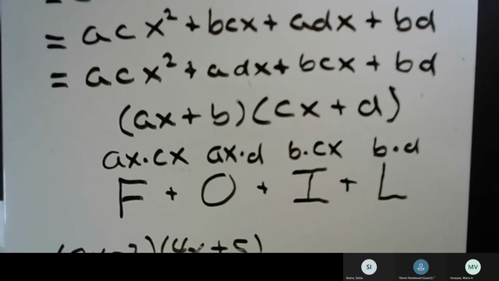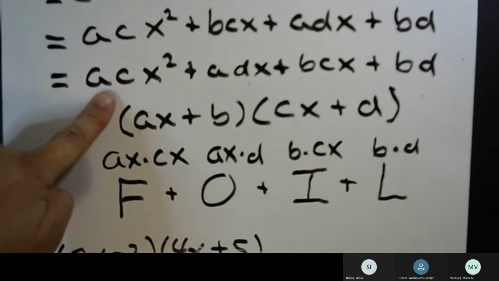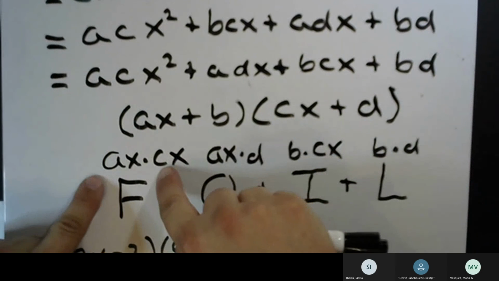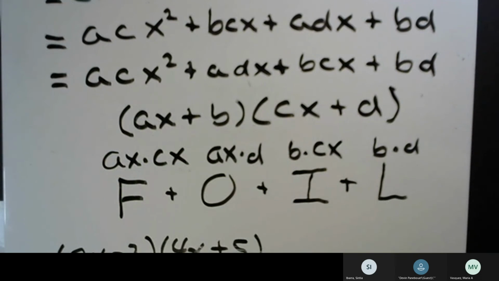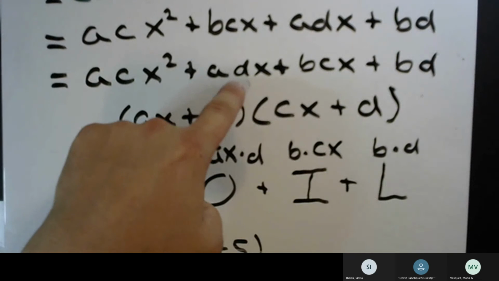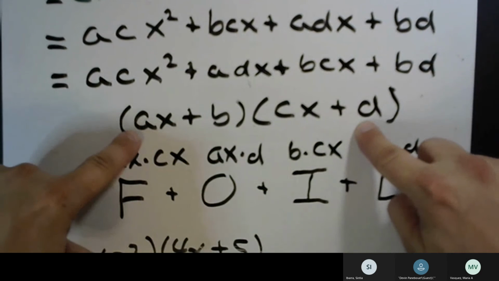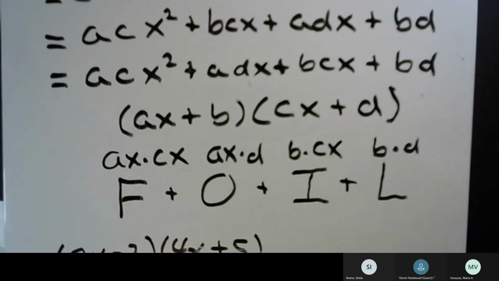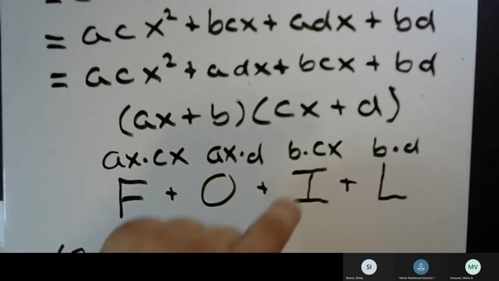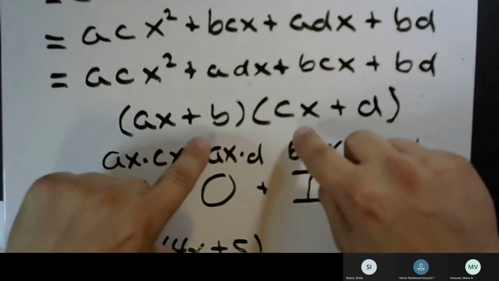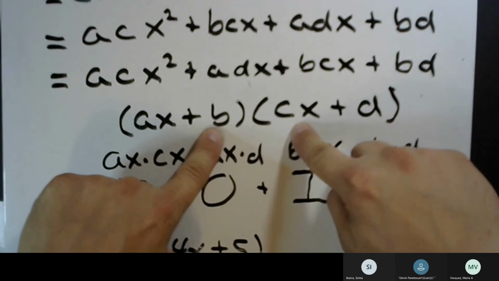So this is the FOIL shortcut. To get this term, we multiply the first terms of the binomials. To get this term, we multiply by the outer terms of the entire multiplication. To get this term, we multiply by the inner terms of the multiplication.